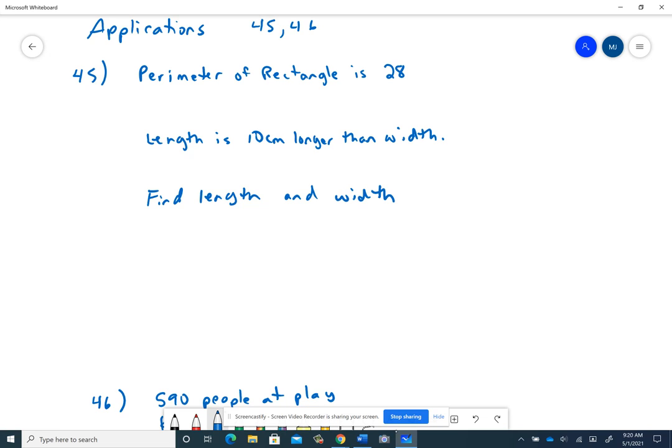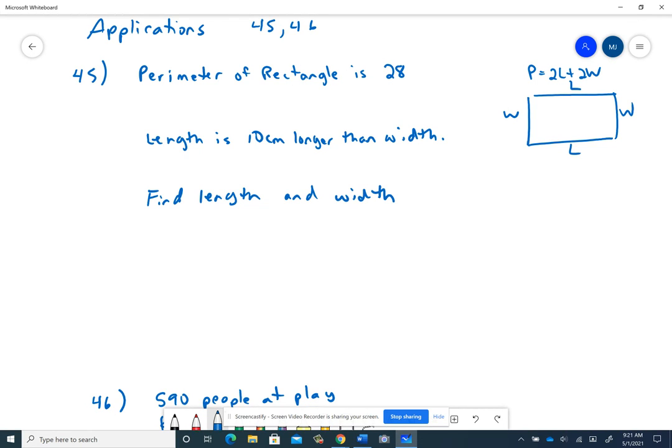As you're reading it, you think about, okay, perimeter, that's of a rectangle. The perimeter is twice the length plus twice the width. That formula was actually earlier in the exam. If this is the length and that's the width, getting all the way around would be 2 W's and 2 L's.